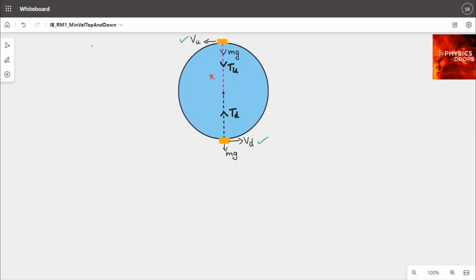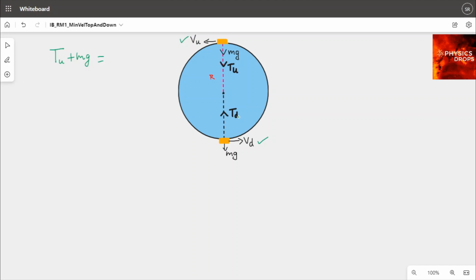Now if we look at it all the way at the top, the forces acting on the string are the tension Tu, which is the suffix for the up position, plus mg of the object is also pulling it down. The tension is a pulling force pulling towards the center, and mg is pulling it towards the center of the earth. So these are the forces on the string.